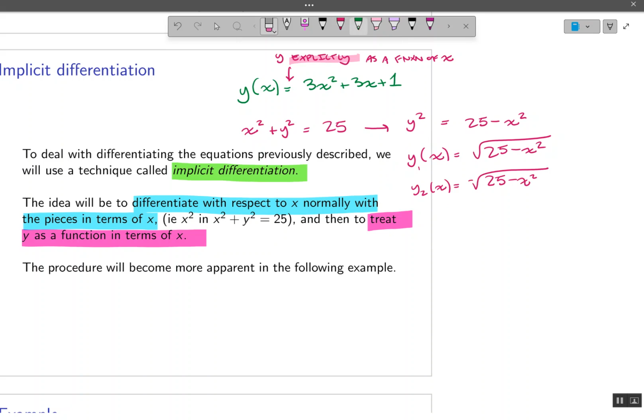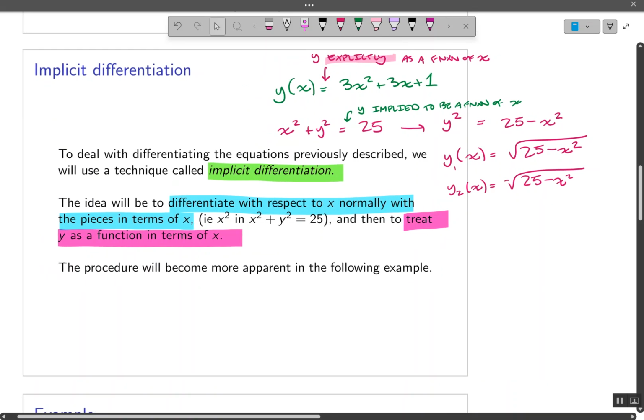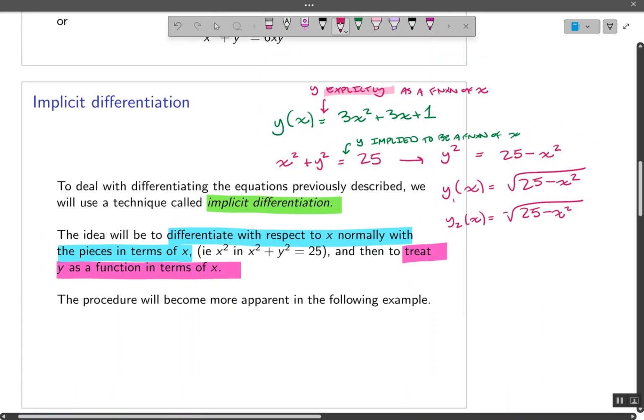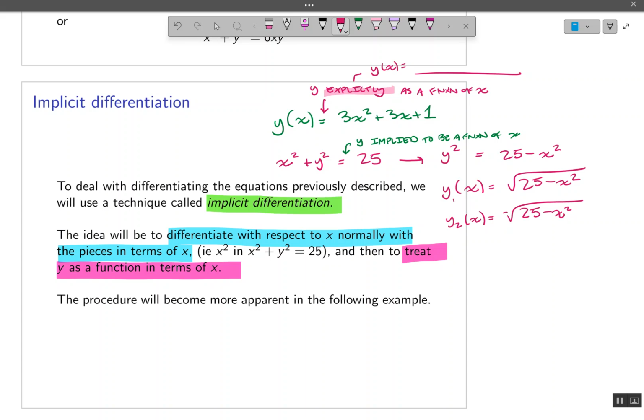So in this equation, y is implied to be a function of x. But it's not explicit, because for it to be explicit, it looks like this: y of x equals blah, blah, blah, where the only things over here are x's.